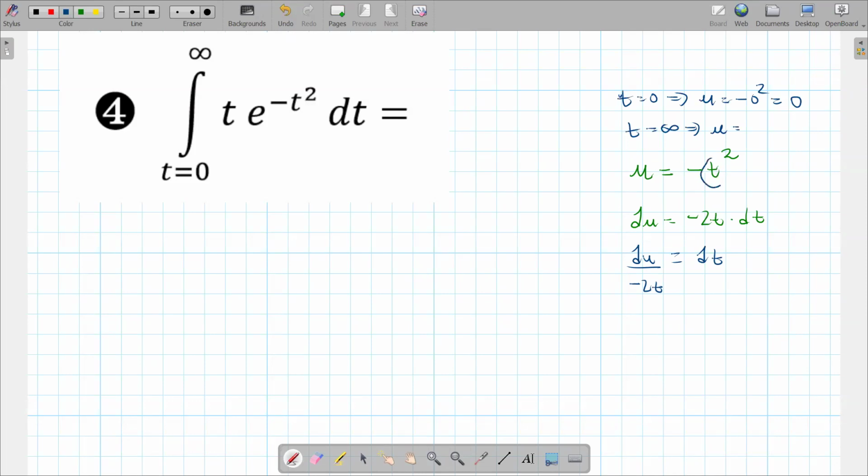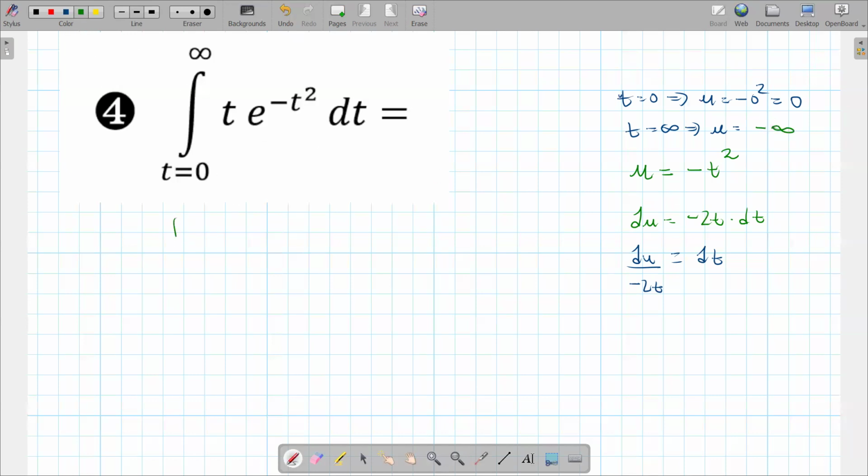Replace t with infinity here. It's just infinity. So it'll be negative infinity squared. The negative doesn't apply to the square sign, so infinity squared is still infinity, so it would be negative infinity.